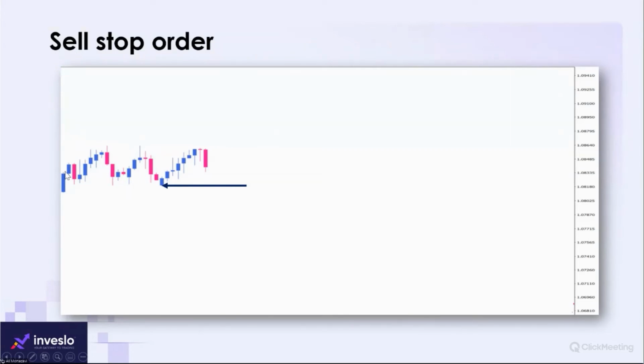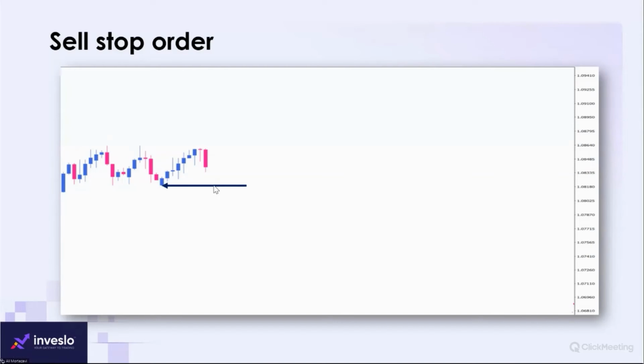For example, here you see the market is purely range bound, or sideways, and you may assume if the market breaks below this last bottom here, or this range support here, it might be a trigger for a new downtrend.